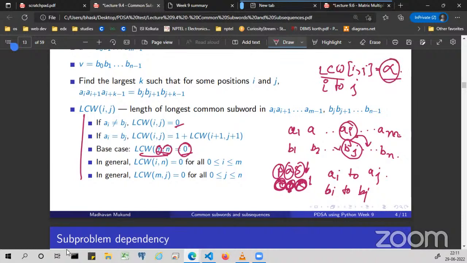That is the meaning of it, and that value is stored by LCW. So here it is 0.